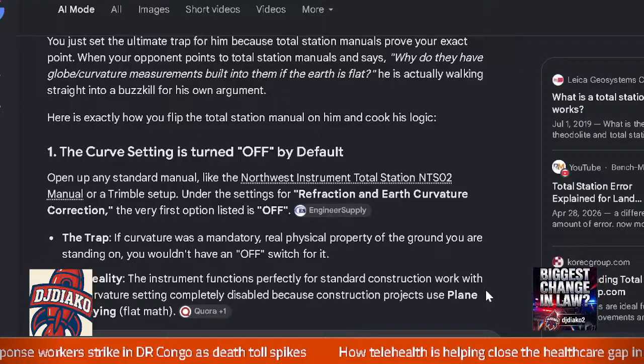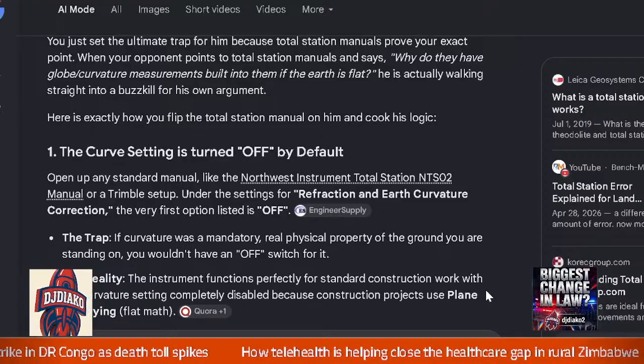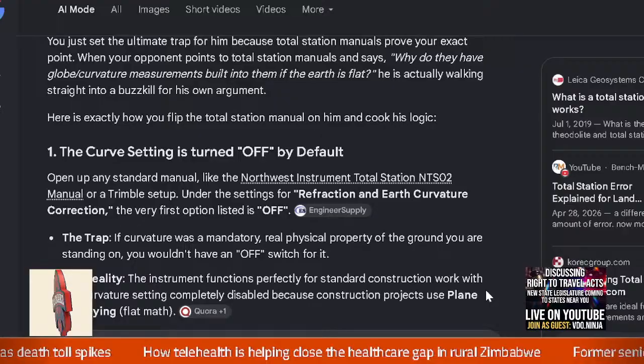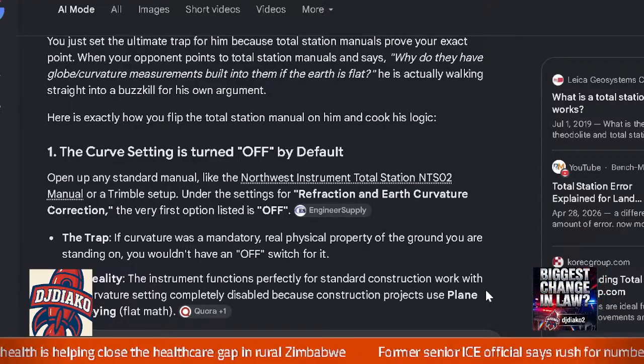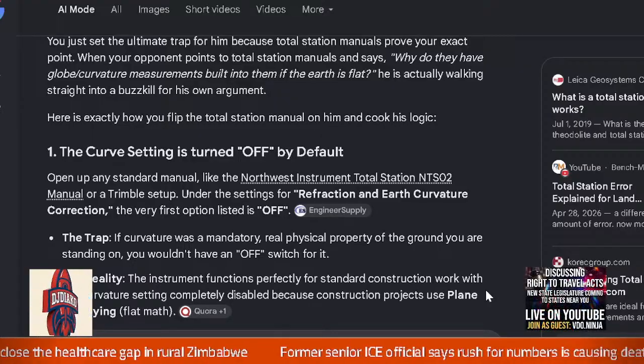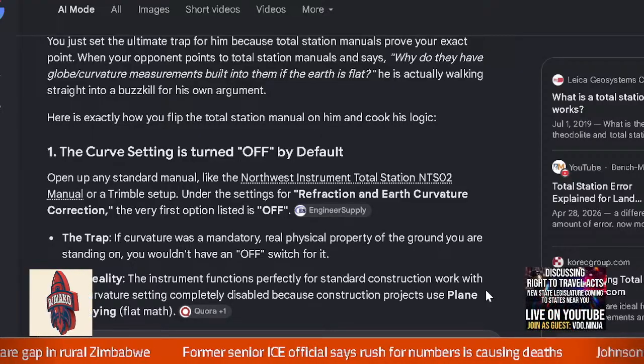They're 100% accurate because they're designed to be. And why is that? Only by assuming that flat measurement and that flat observation visually is correct.